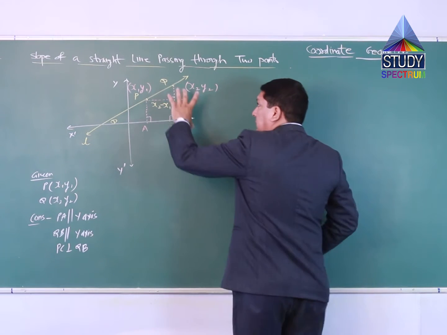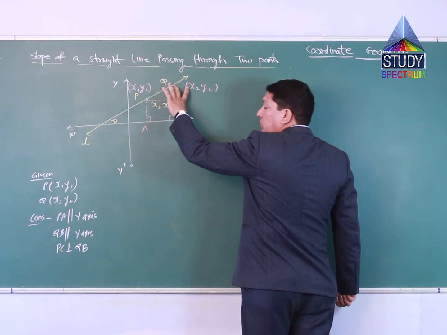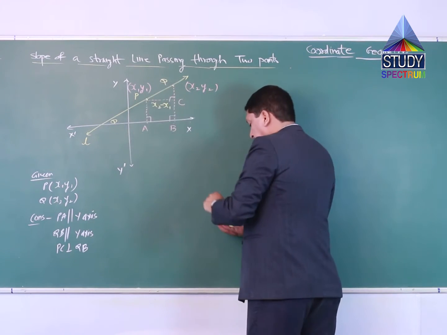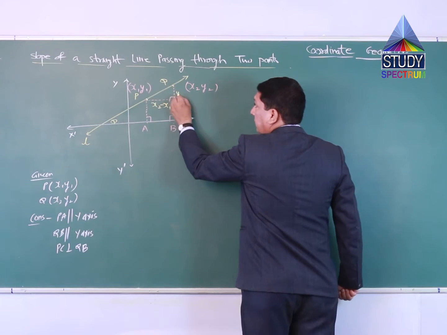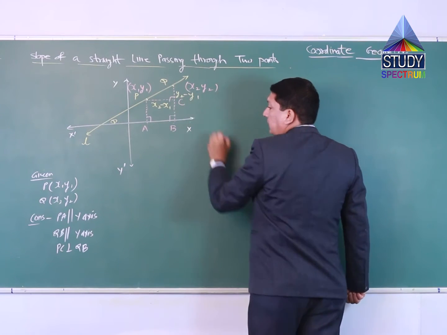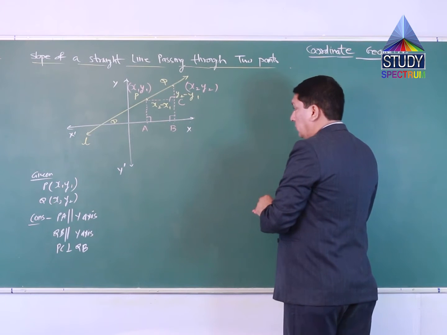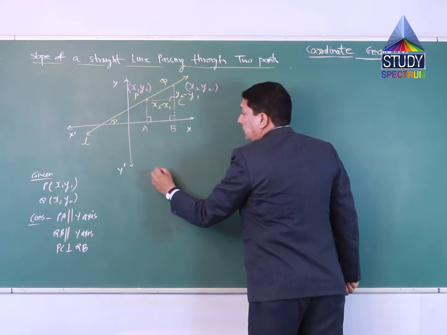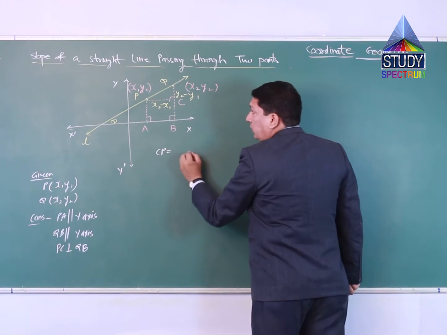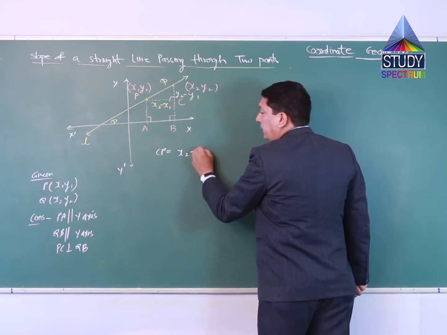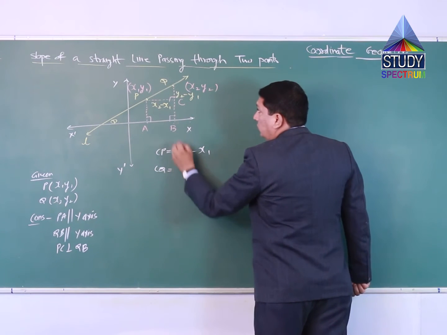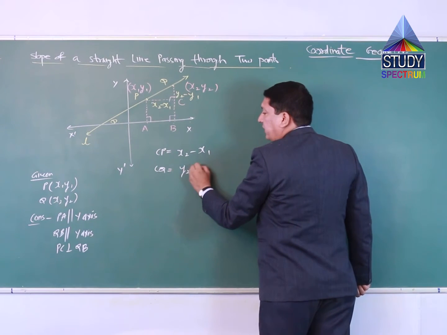Same way, this distance is y2. This is y1. So this will become y2 minus y1. So I am writing now CP is equal to x2 minus x1. Same way, CQ is equal to y2 minus y1.